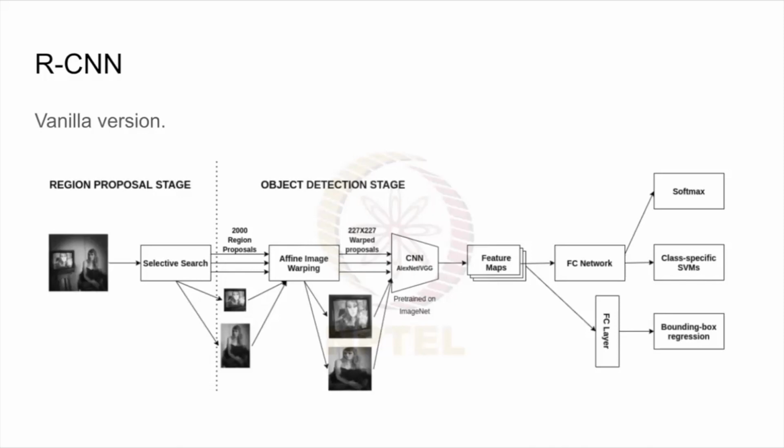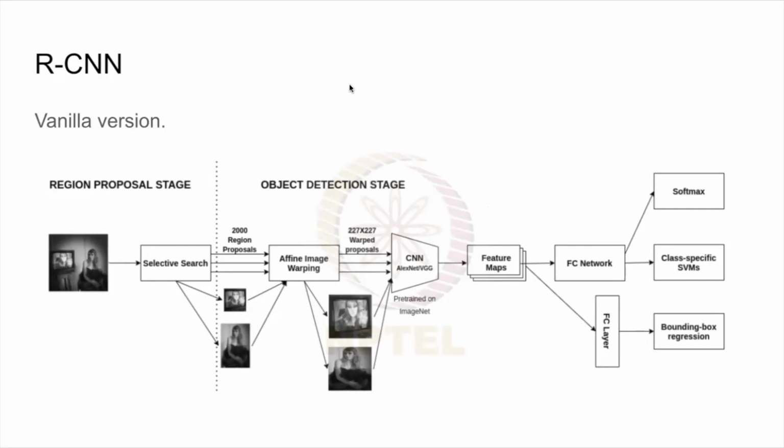Let's say it pointed out that there is a person on the TV, and that there is a person sitting right next to the TV. So there are two people, along with the other 1998 region proposals. These are the two region proposals as well.